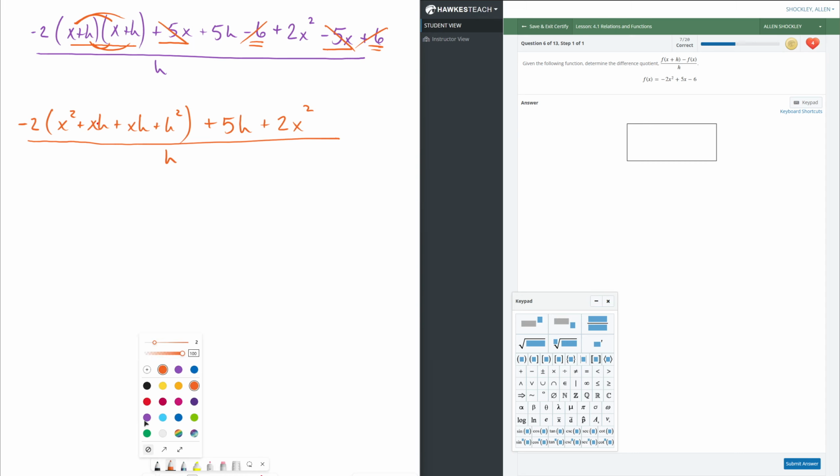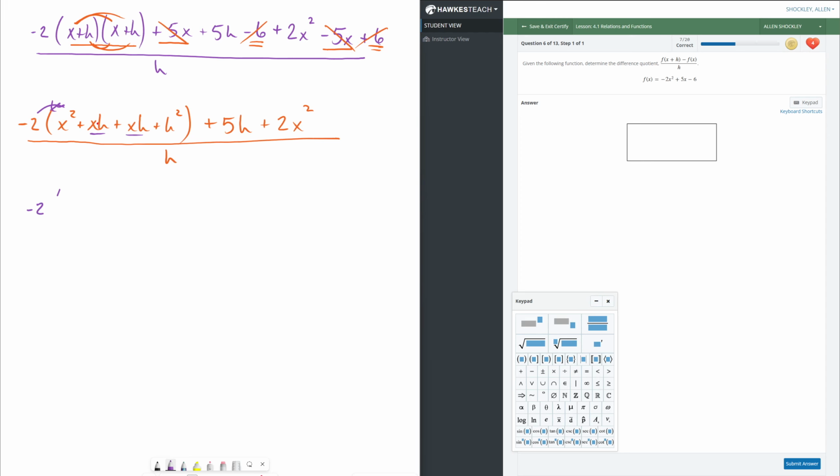From here, though, we are, again, just moving as quickly as we can to simplify and to combine what we can. So for us, we're going to combine what we can inside of our parentheses.